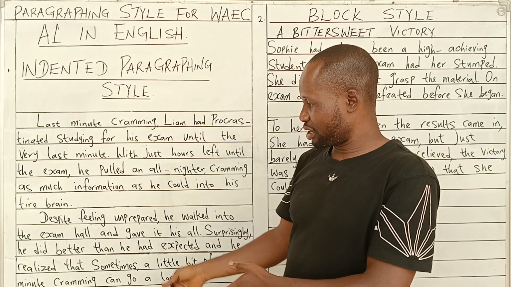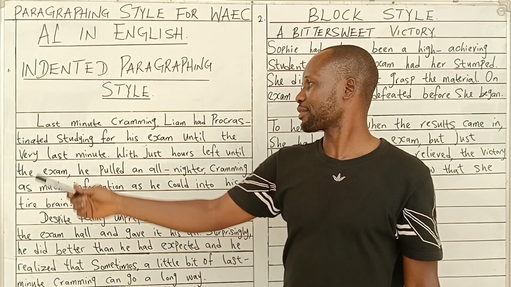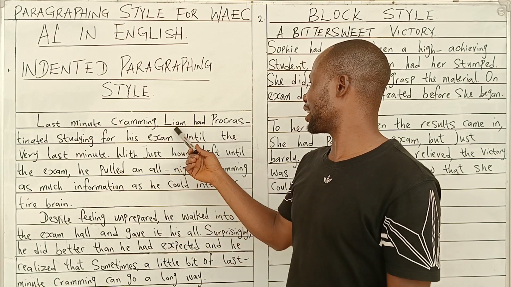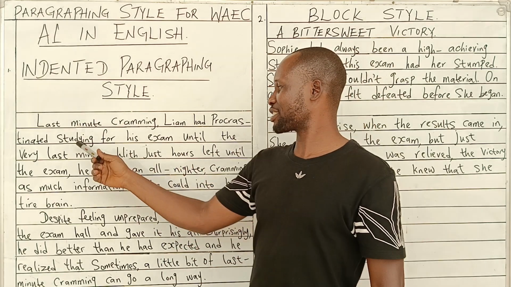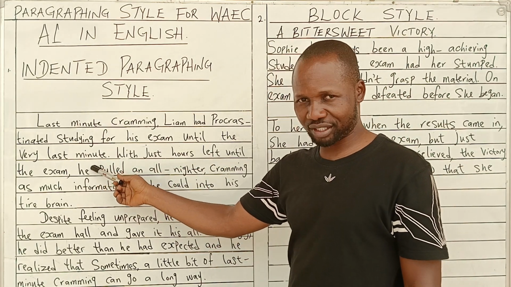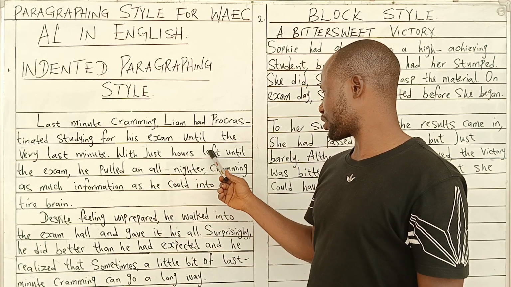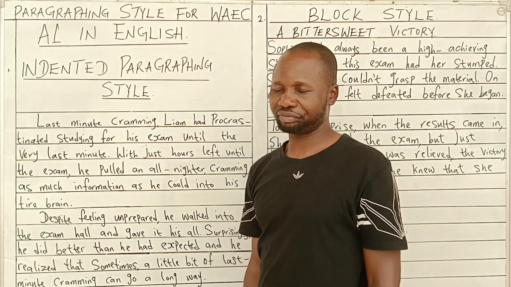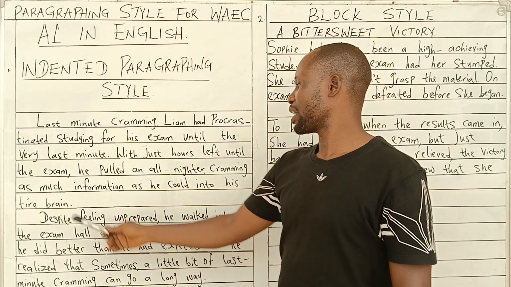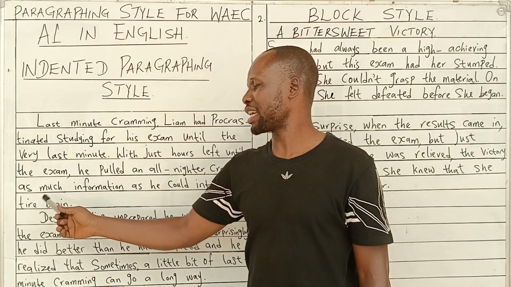Let's say I just created this story, and let's read. Last minute cramming, that means the student wants to cram. So Liam had procrastinated studying for his exam until the very last minute. With just hours left until the exam, he put in an all-night cramming as much information as he could into his tired brain.